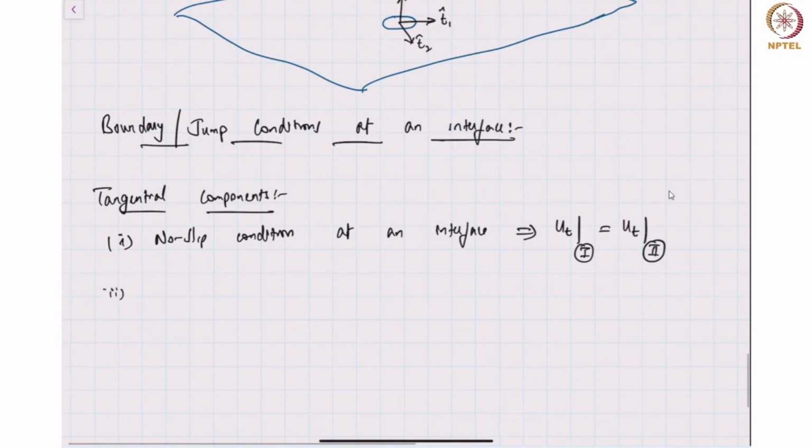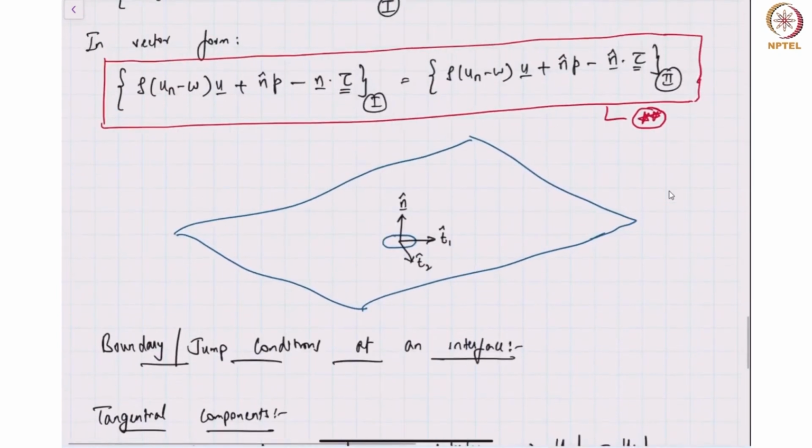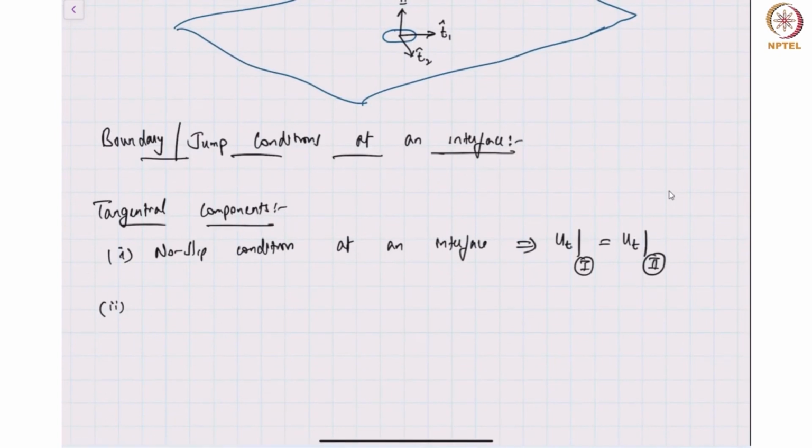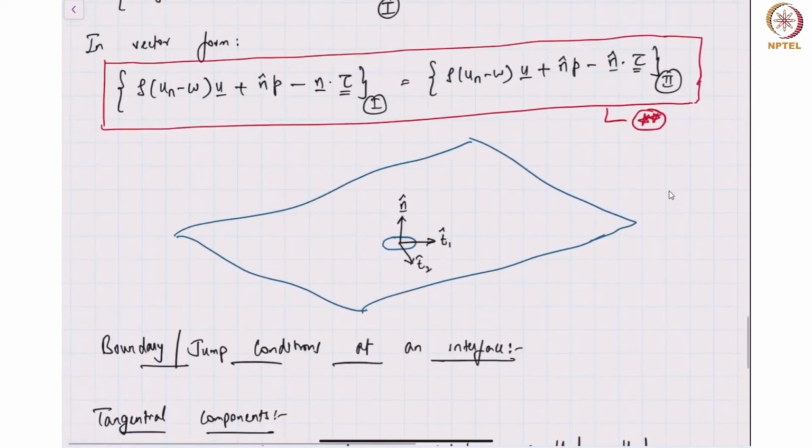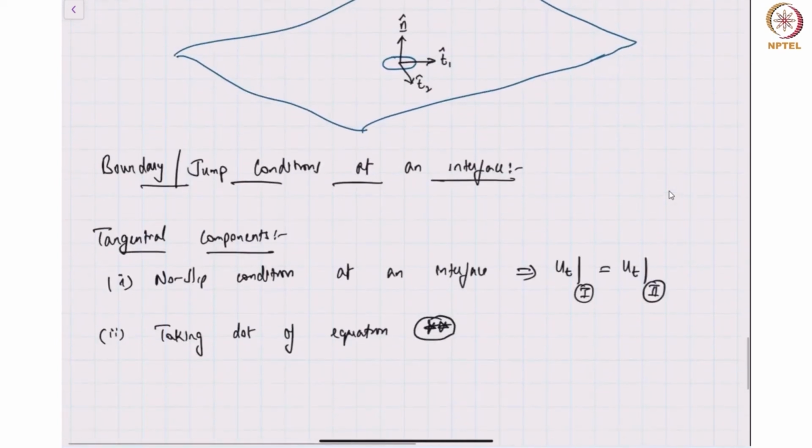Now the second observation. We start with this equation, the equation in the box. This is obtained from the jump conditions from the momentum equation. This is equation double star, as I've called it. We'll take a dot product of this equation with a tangent vector. This could be any tangent vector on the interface. What do we get now?